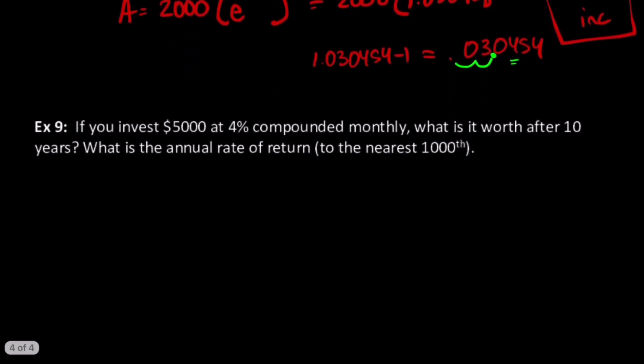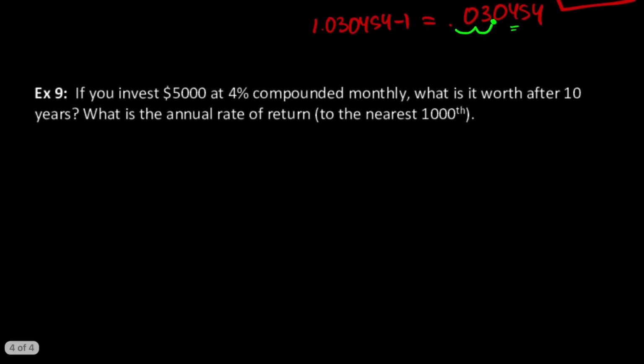One more, last one. If you invest $5,000 at 4% compounded monthly, so that's our n equals 12 scenario, what is it worth after 10 years? All right, well, that's pretty straightforward. A equals 5,000, you need to know your compound interest formula, times 1 plus the interest rate, 0.04 in this case, divided by however many times it's compounded. So we just said monthly would be 12.